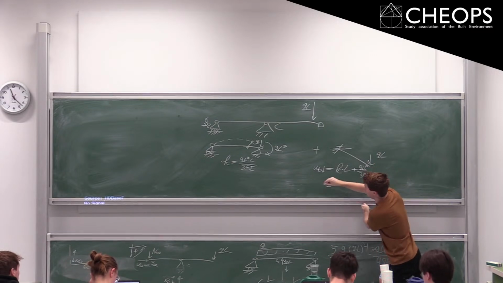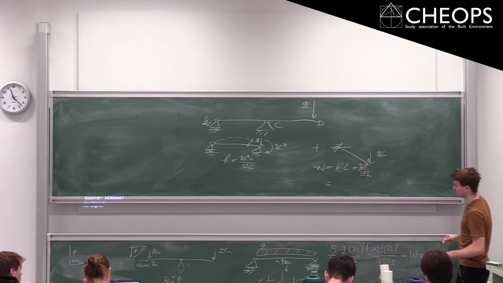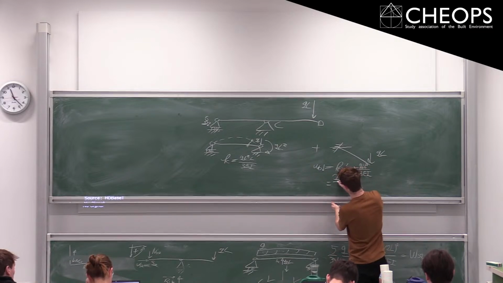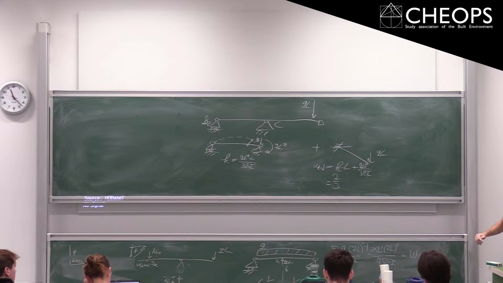Well, if you plug that in there and solve it, you will find that D moves downwards 2 over 3 QL to the power of 4 over EI.